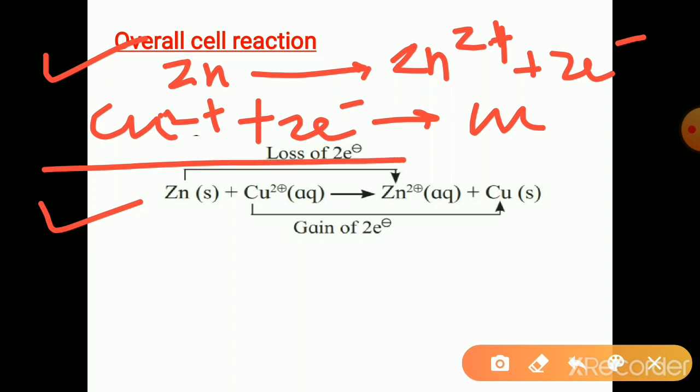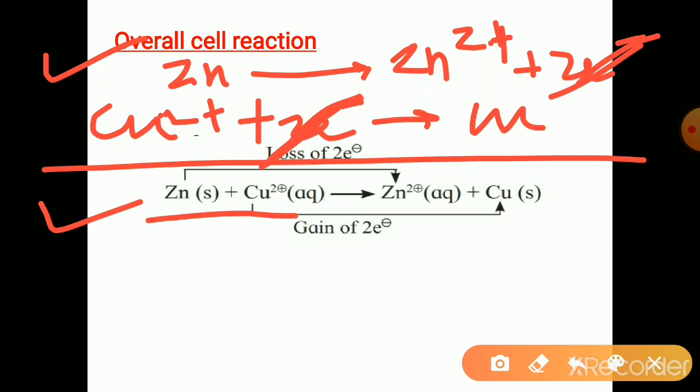When these two are added, whatever the species, same terms or same species on the opposite side of the arrow get cancelled. So here 2 electrons get cancelled, and whatever is left on the left of the arrow is summed up and written, and whatever is left on the right hand side of the arrow is summed up and written.